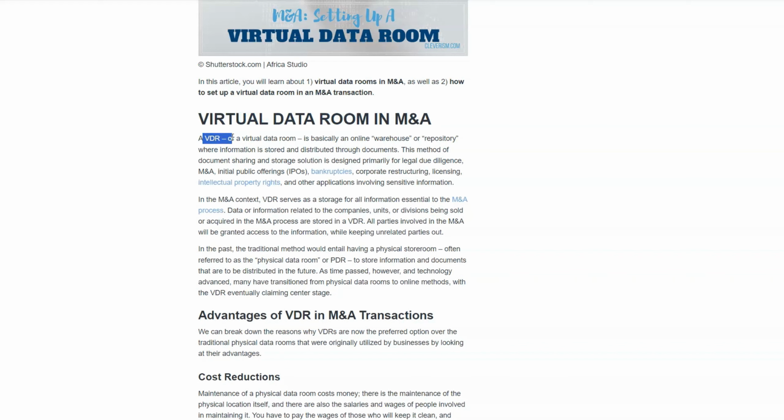A VDR, or virtual data room, is basically an online warehouse or repository where information is stored and distributed through documents.